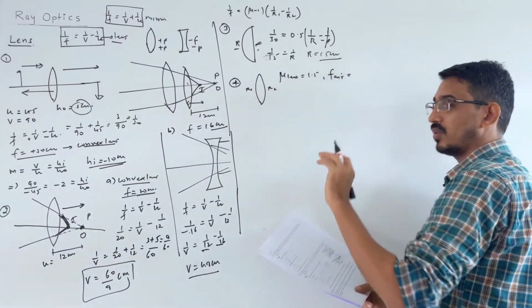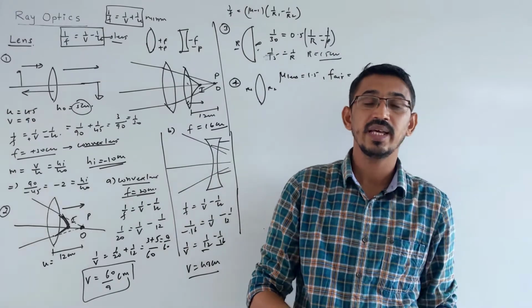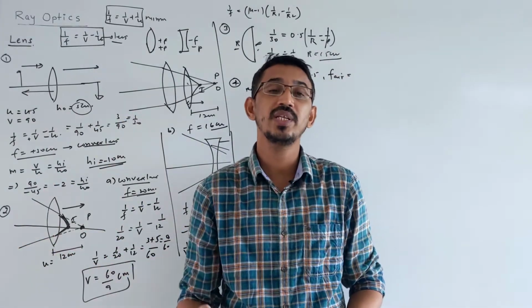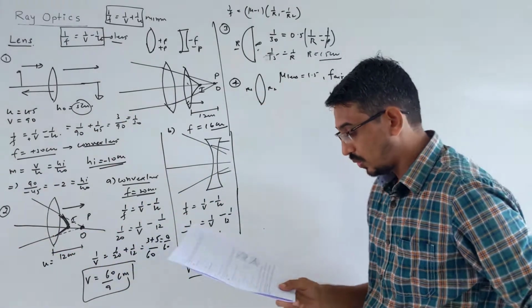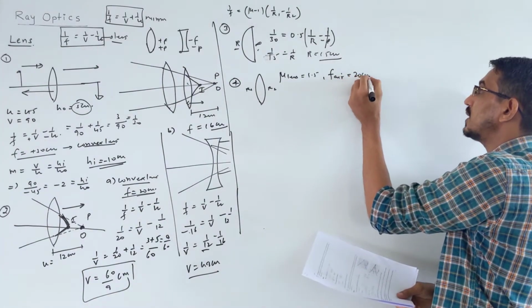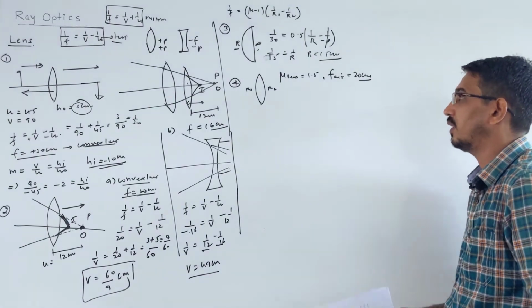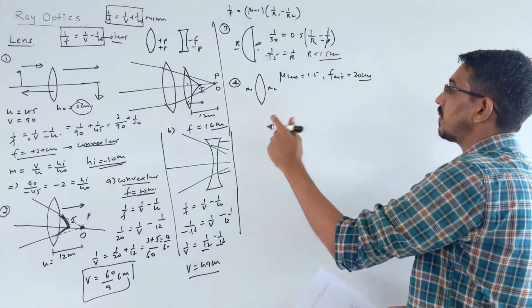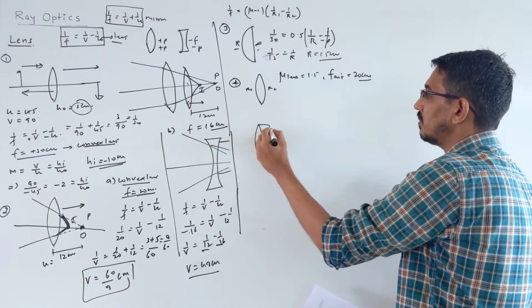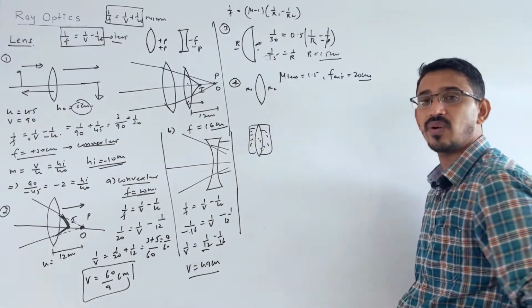When they say focal length of a lens, we are always talking about air. Then we put it in a medium, and its focal length will change, which we have to calculate. The focal length is given as 0.2 meter, which means 20 centimeter. Then this lens is placed in some medium, so the medium will act opposite to the lens, and we have to find the net focal length.